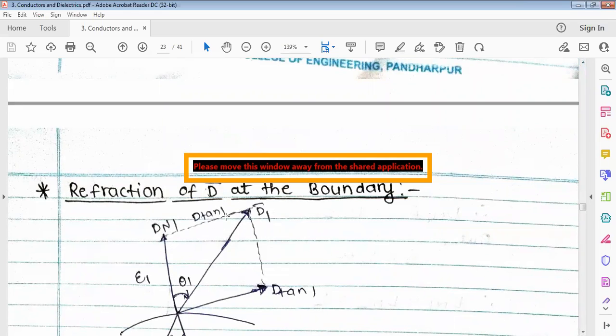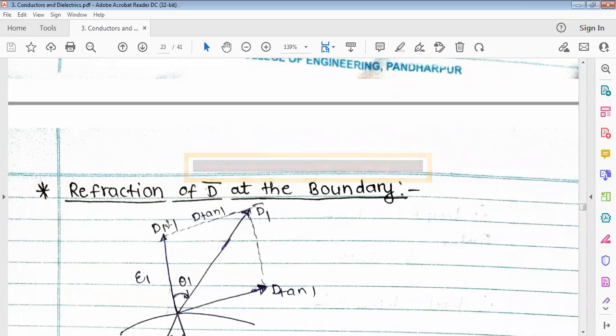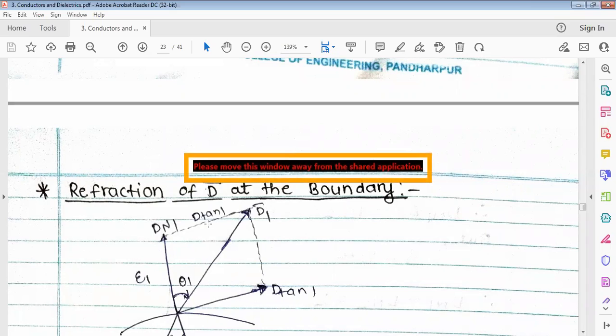Okay, now you can tell me. Dn1 is the normal component, and this is the adjacent side of this diagonal. Therefore, just tell me what will be the cos theta.